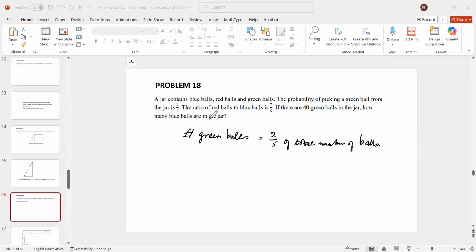You see. And likewise, the ratio of the red balls to the blue balls is 7:5. So the red balls are 7/5 of the blue balls. The ratio of the red balls to the blue balls is 7:5.